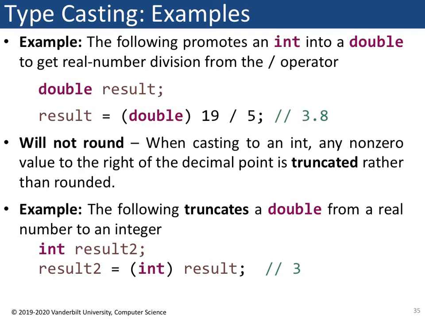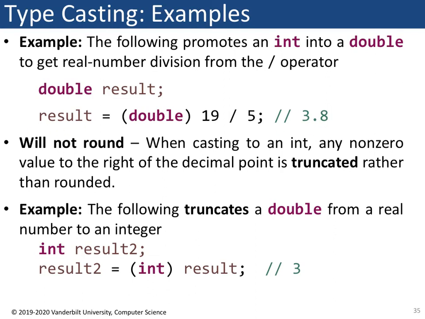So in this situation, we have declared a double variable called result, and then we're assigning result the value which will result from the expression 19 divided by 5, with 19 being typecast as a double. So 19, as it's typed here, is an integer literal, which we are typecasting into a double. So the effect of this expression is the integer value 19 becomes the double value 19.0, which we then divide by 5 to get the result 3.8, which is stored into result.